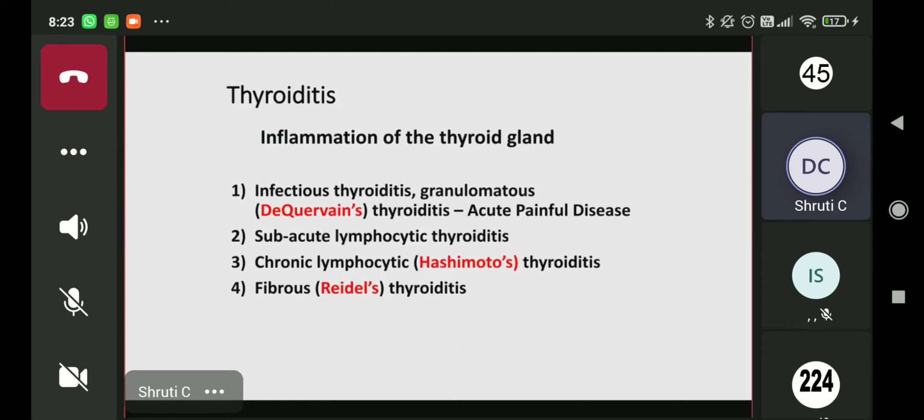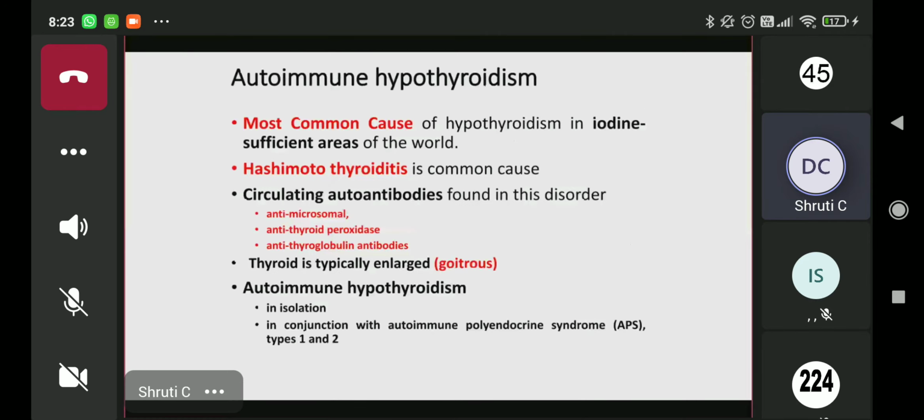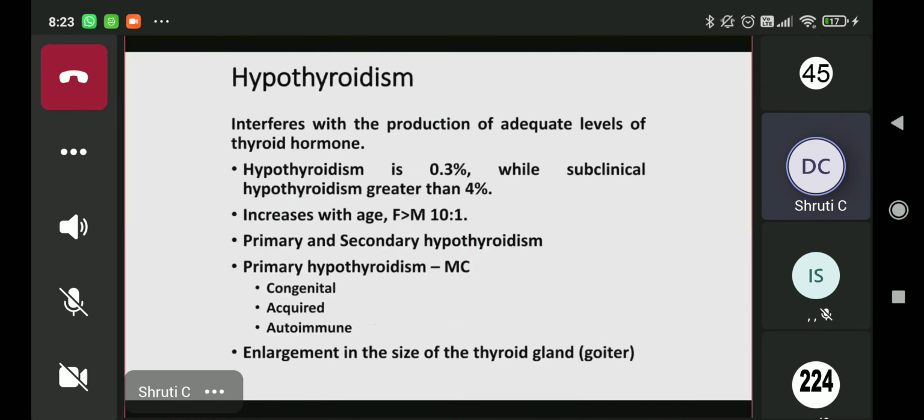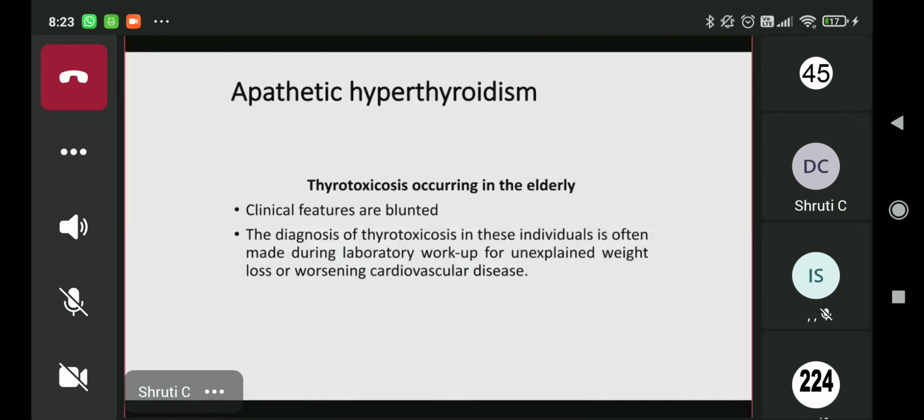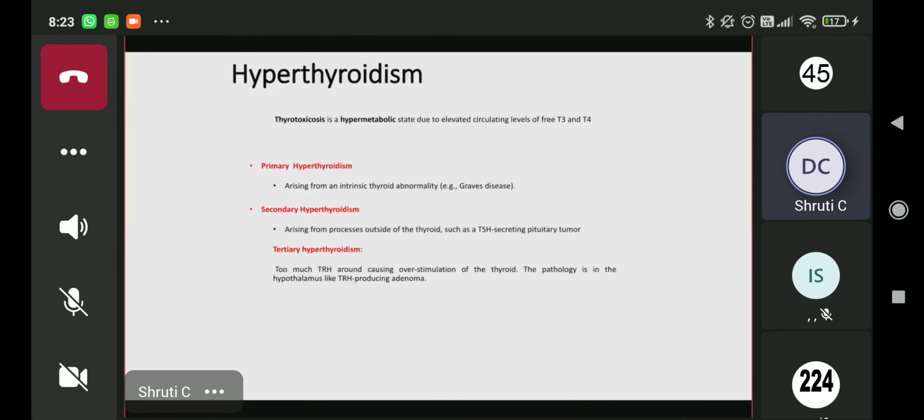now coming to thyroiditis, inflammation. Like we just saw in this table, we have covered Graves' disease, multinodular goiter. We'll be dealing with the rest in the later half.